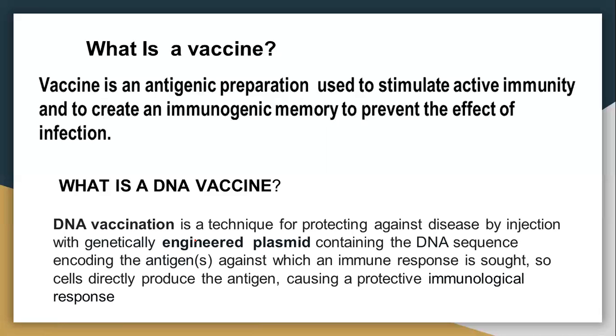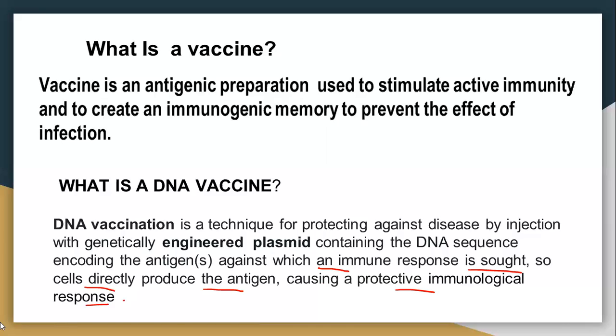The DNA vaccine is a technique for protecting against disease by injection with an engineered plasmid containing the DNA sequence encoding the antigens against which an immune response is sought. So cells directly produce the antigen, causing a protective immunological response, right?